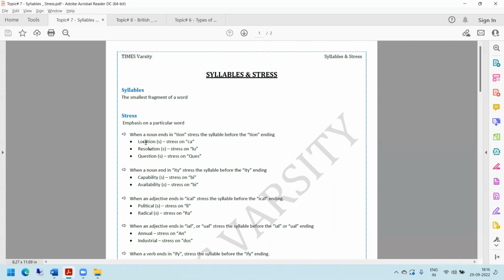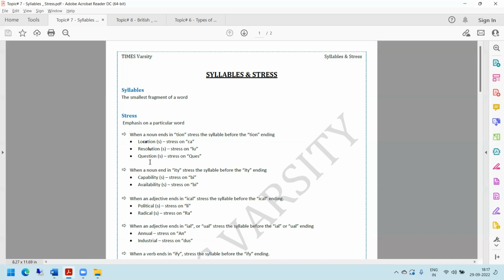The syllable before tion is ca. So we need to stress on ca. It should be location. You cannot simply say location. Similarly, resolution. We need to emphasize on lu, which is coming before tion.